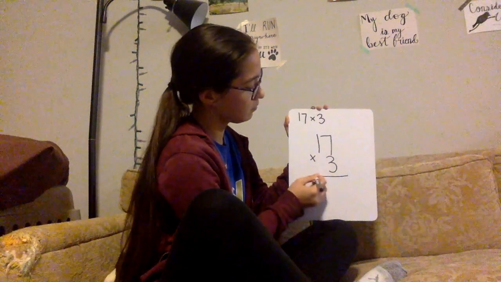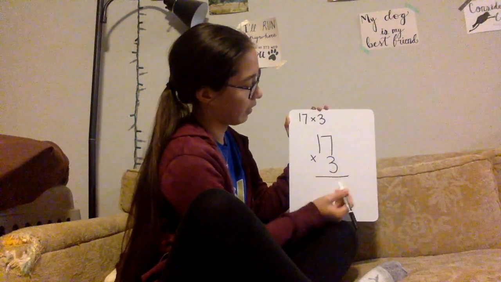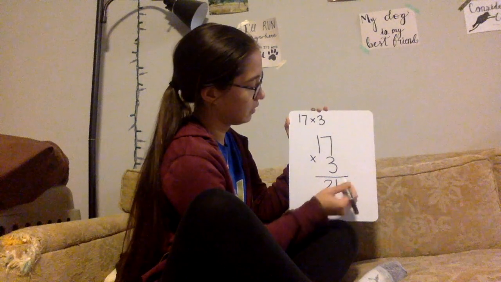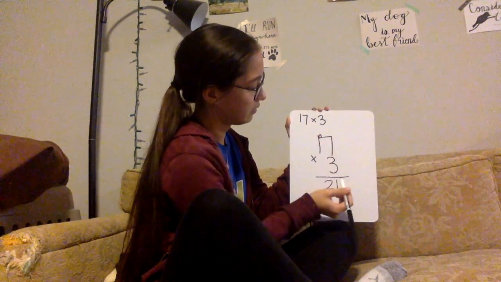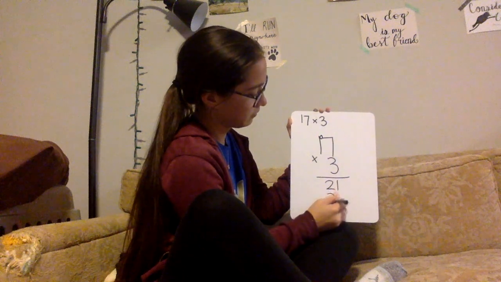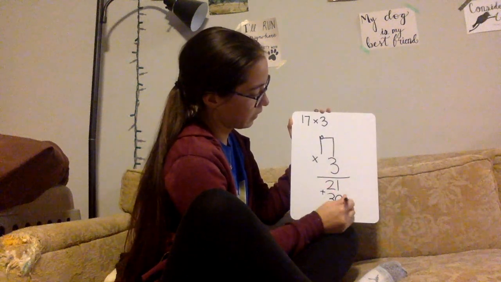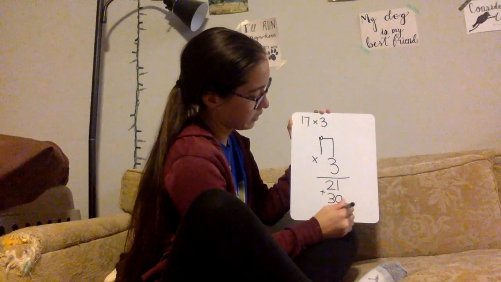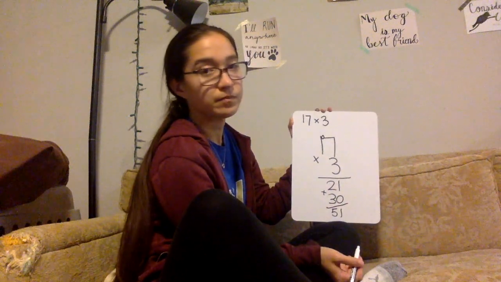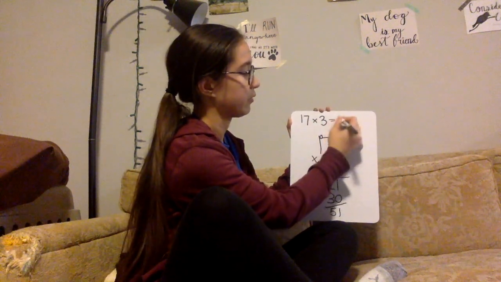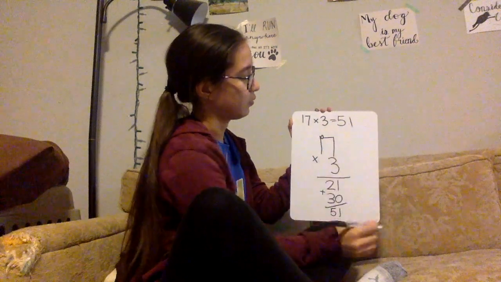I'm being very careful to line up my ones place and my tens place. 3 times 7 is 21. 3 times not 1, but 10 is 30. And I add those numbers together and I get 51. Okay, so 17 times 3 equals 51.